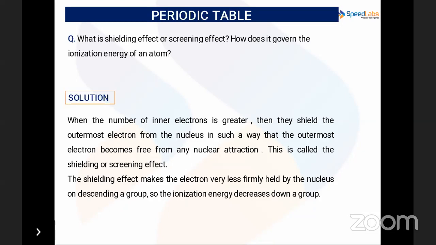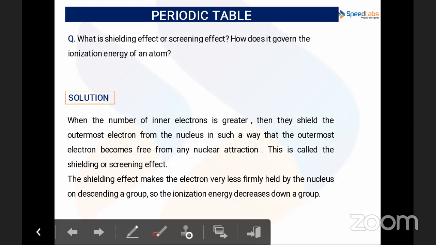So the higher the shielding, the lower the ionization energy, and it is because of the screening effect that the ionization energy decreases from top to bottom within a group.